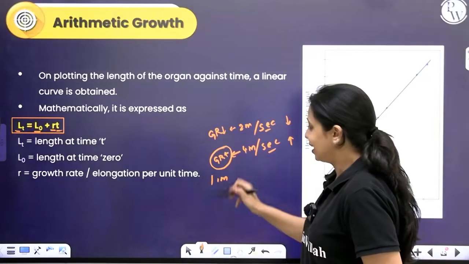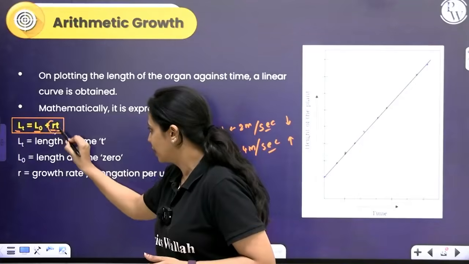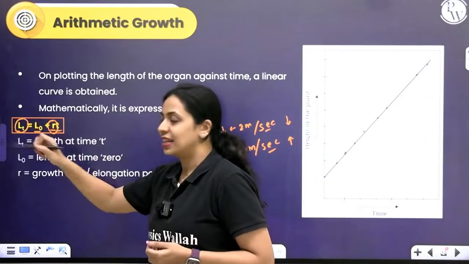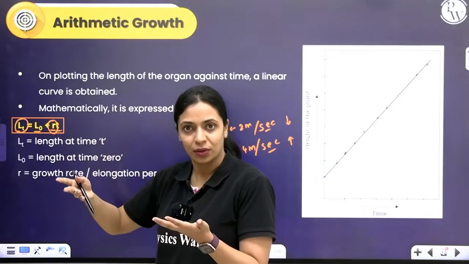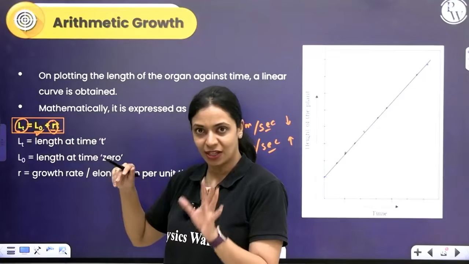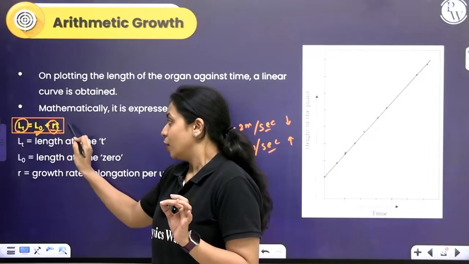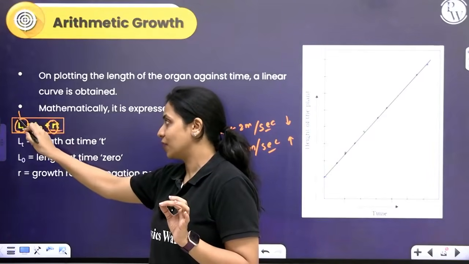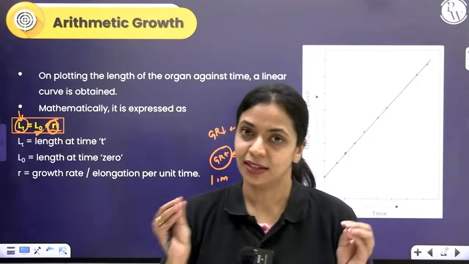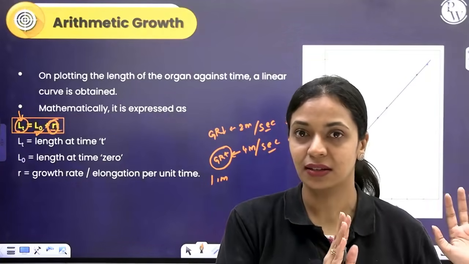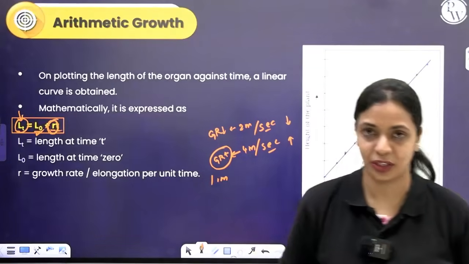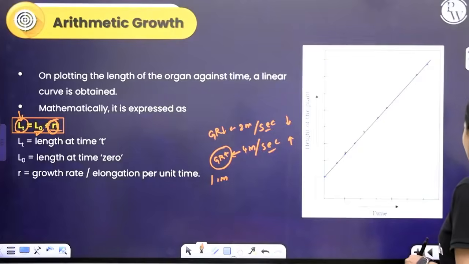If the growth rate is high, then obviously the final increase in the length also will be more. Initial length will be the same, but how much of an increase you see in final length depends on this growth rate. If the growth rate is higher, then you will see higher increase in the length of whichever plant part you're considering. It could be the root, it could be the stem. Okay, so that is arithmetic growth.